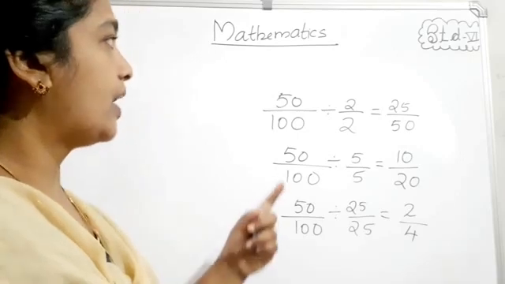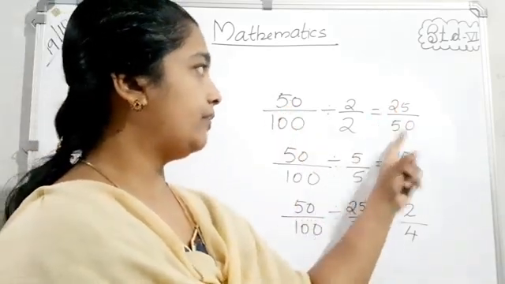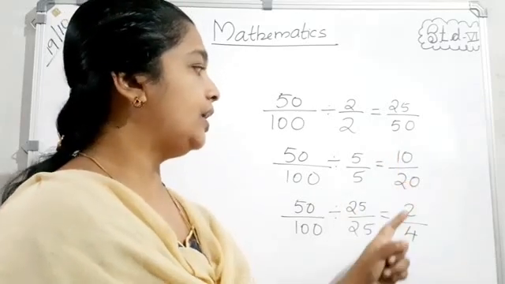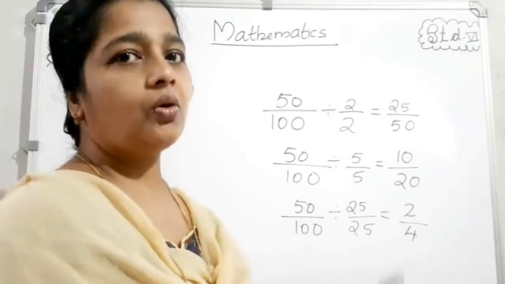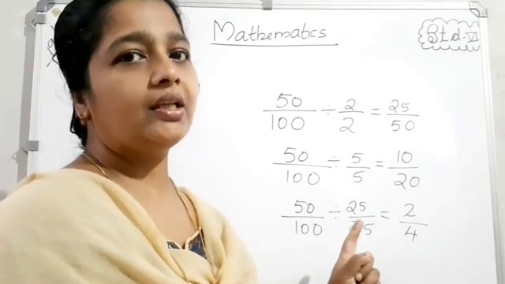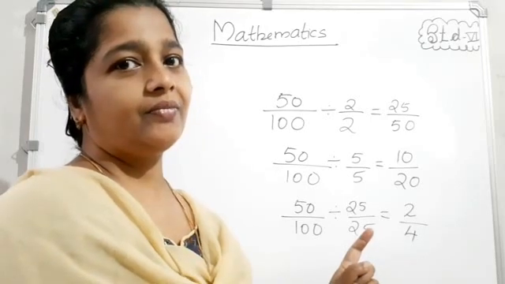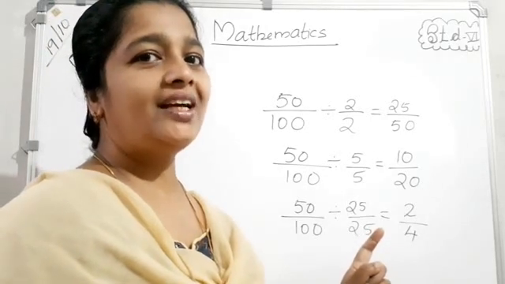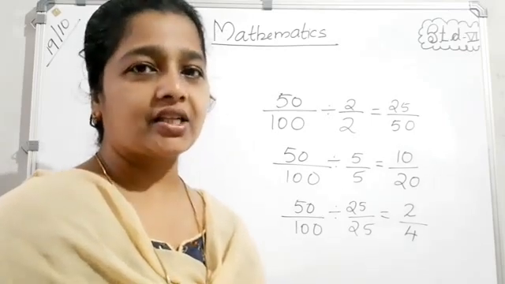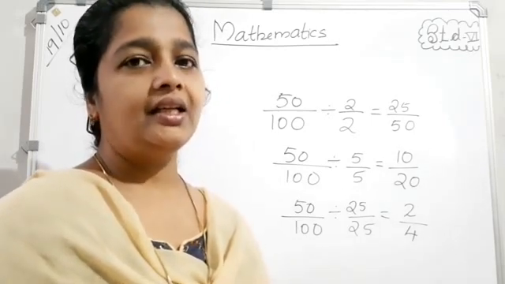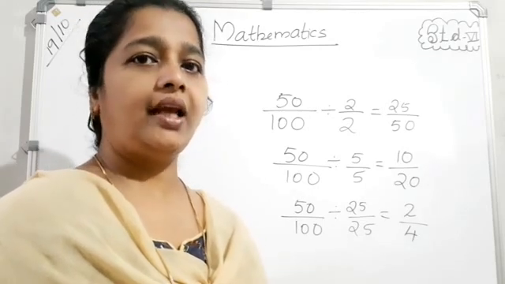So the equivalent fractions of 50 by 100 are 25 by 50, 10 by 20 and 2 by 4. Understand? So these are the equivalent fractions using division. All of you understand? Yes. So to find an equivalent fraction of a given fraction, we may multiply or divide using any number.